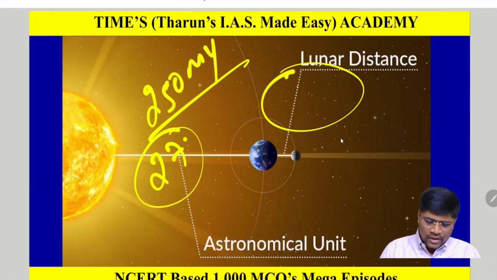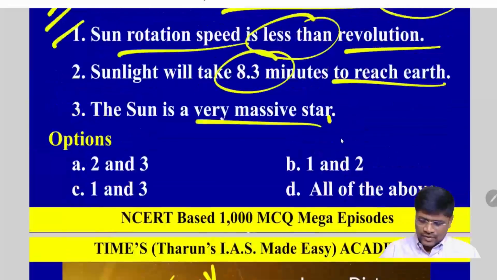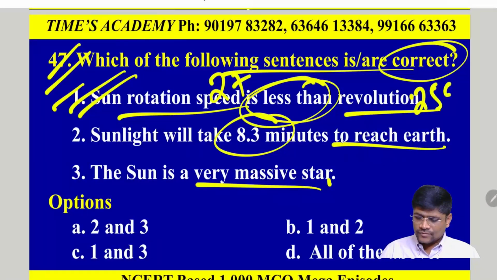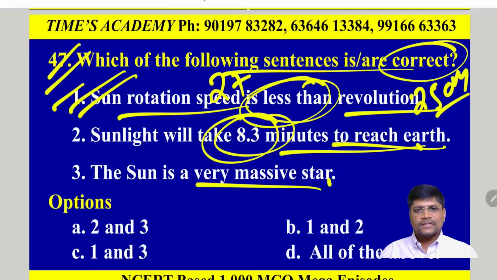So that's why the Sun's rotation speed is less than the revolution speed. So according to the given explanation, statement 1 is correct. It is 27 days versus 250 million years. Okay, so that's right. Next, sunlight will take 8.3 minutes to reach the Earth. It is a correct statement. Then, the Sun is a very massive star.